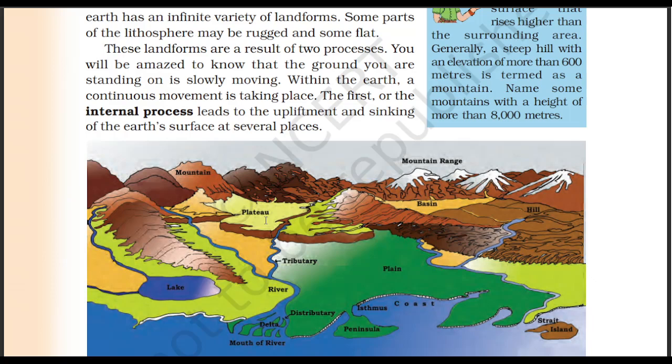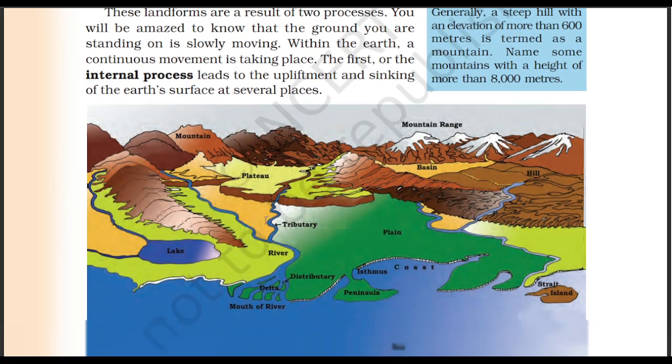You will be amazed to know that the ground you are standing on is slowly moving within the earth. A continuous movement is taking place. The first, or the internal process, leads to the upliftment and sinking of the earth's surface at several places.